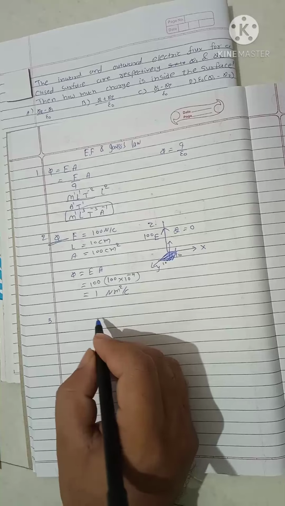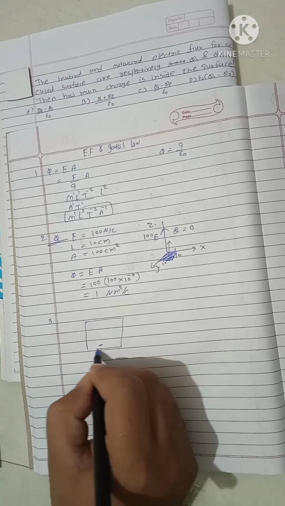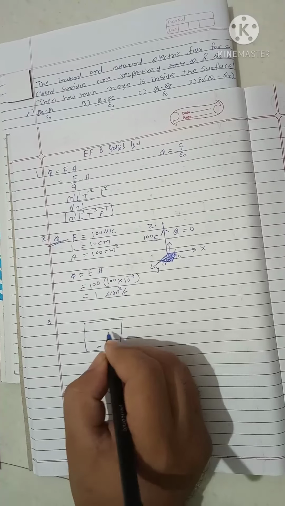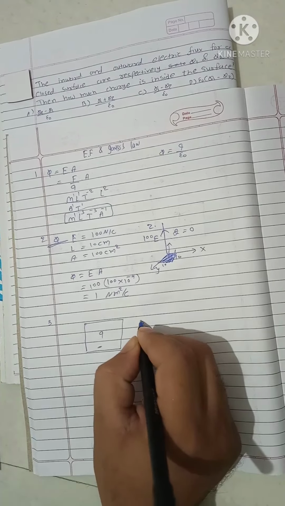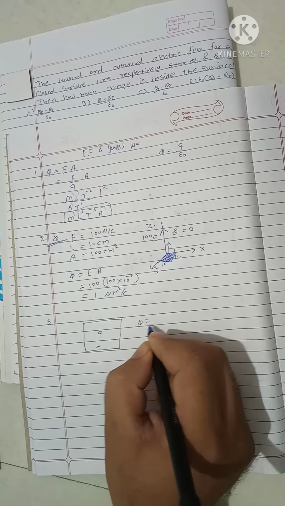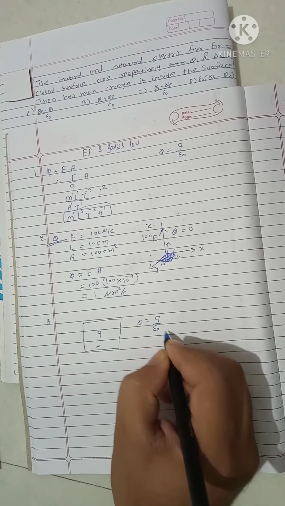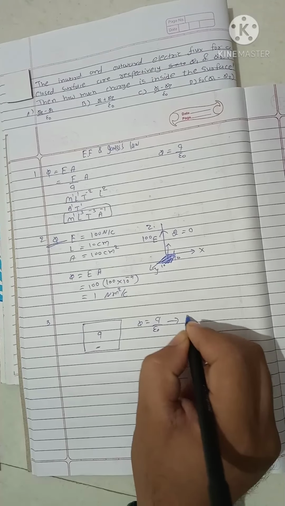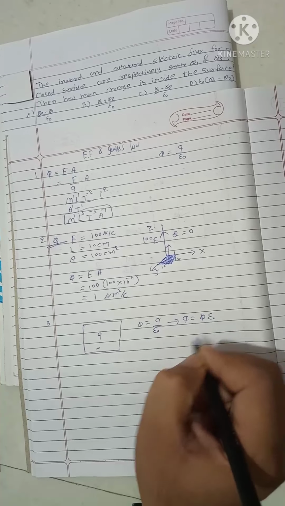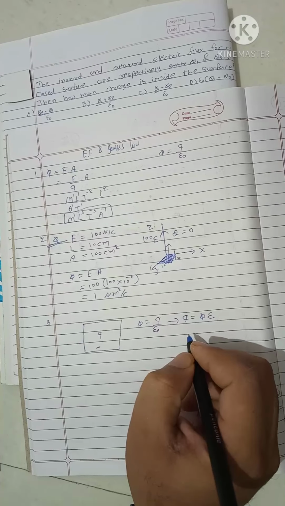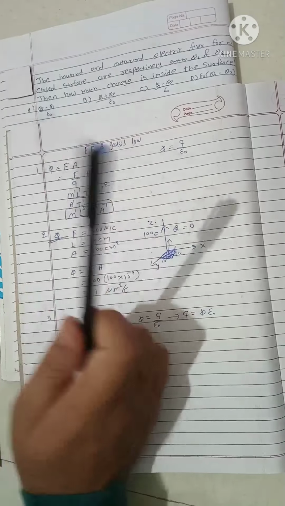We know that for any closed surface, if the charge inside is q, then the electric flux phi is given by q by epsilon 0 according to Gauss law. So from this formula, charge is equal to flux phi into epsilon 0. We have to use this formula to solve this MCQ.